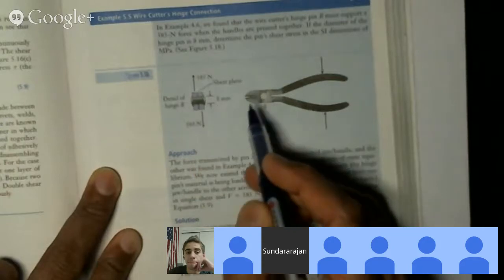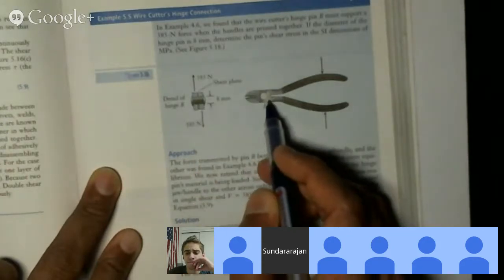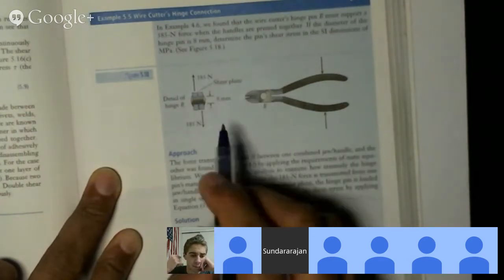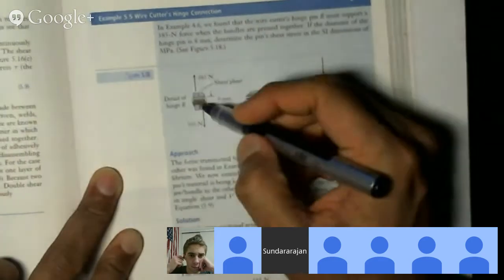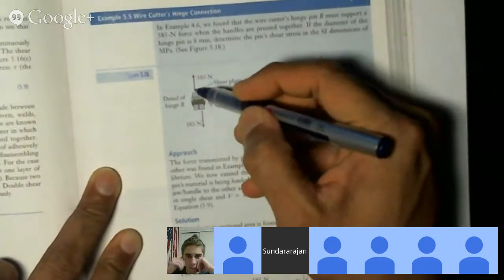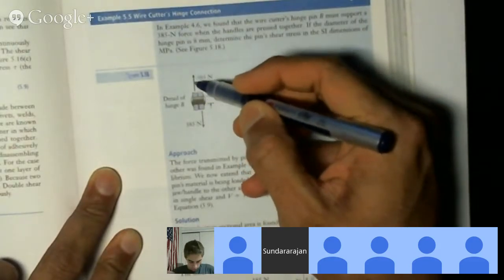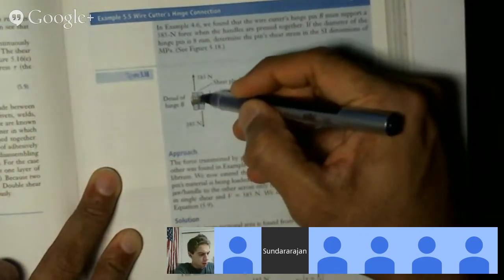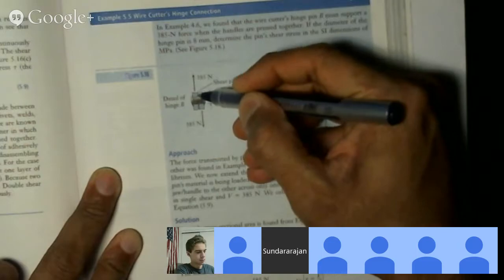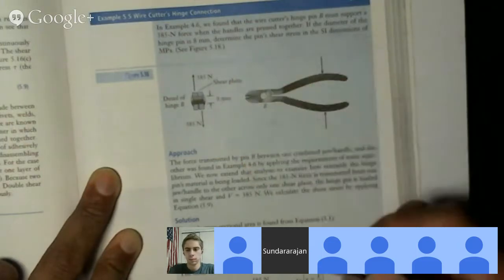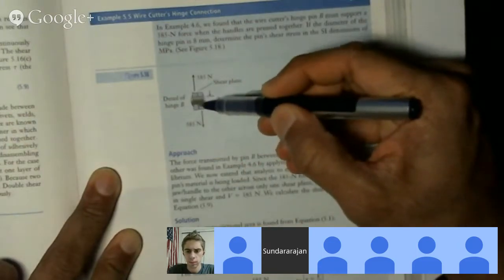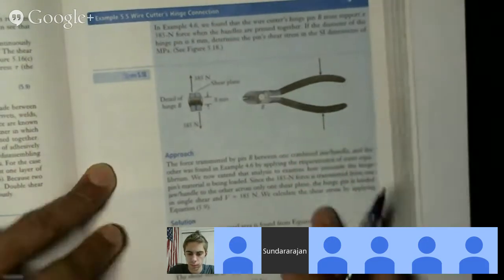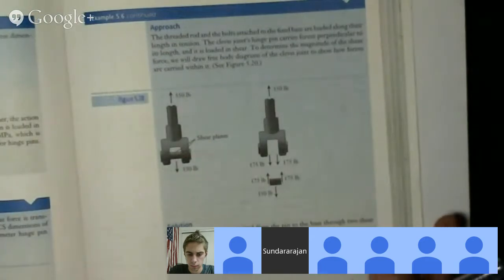There's the pin that goes through that, and this part is one of these, and the other one is the one behind it. Now what's going to happen at the pin is that the pin is going to be pulled in one direction with 385 newtons and pulled in the other direction with 385 newtons. Now if you look at the pin, it is going to be sheared along that line. Do you see that? Yeah. That again is shear.